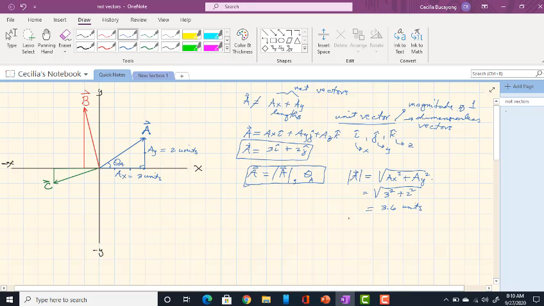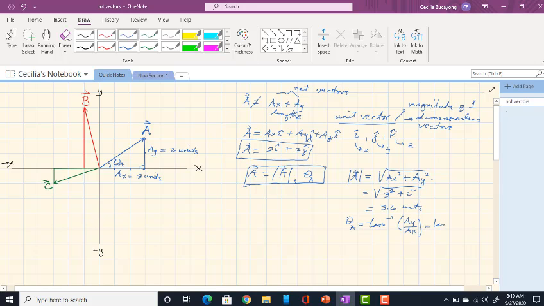How about the angle, theta A? Since we have the opposite and adjacent to our angle theta A, we can use the inverse tan, or TOA, the tangent inverse of this opposite over adjacent.